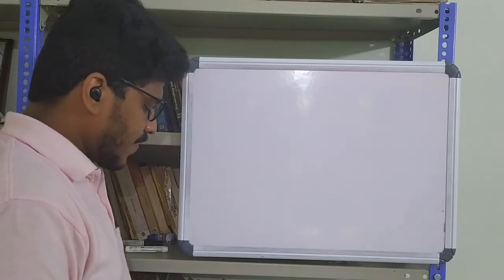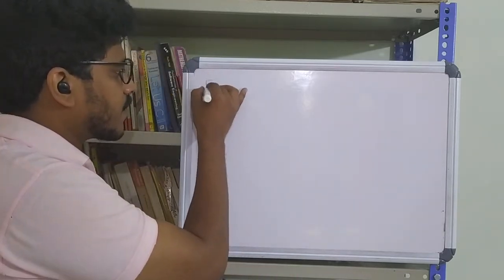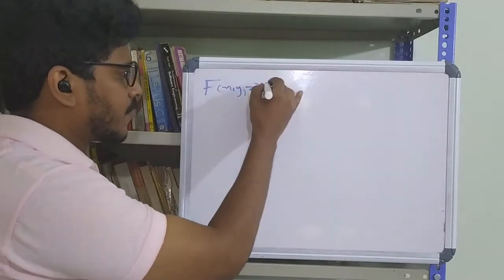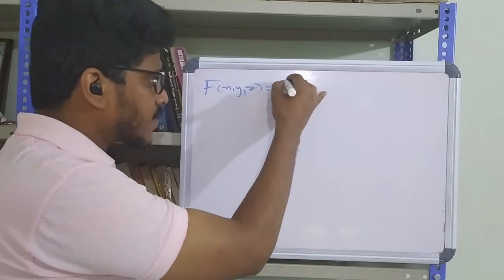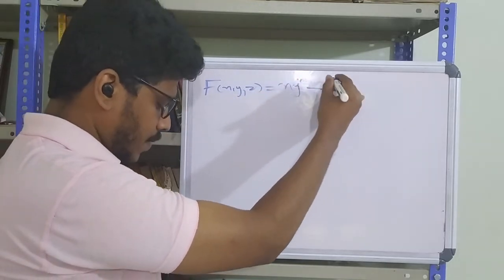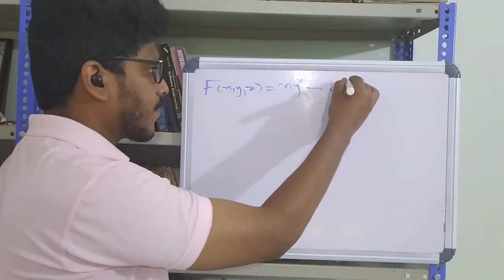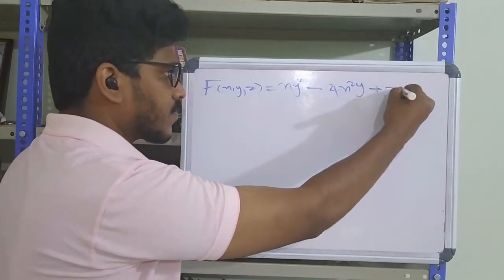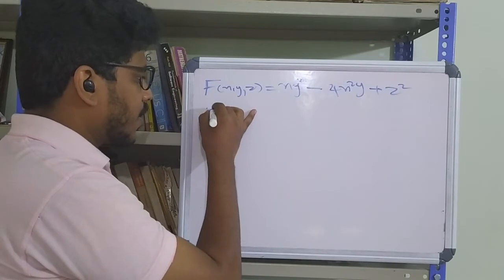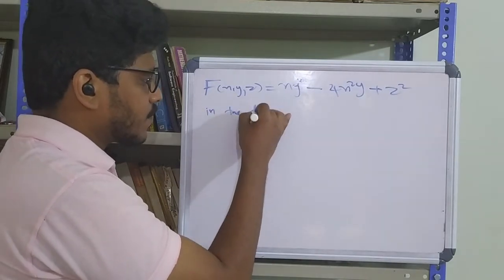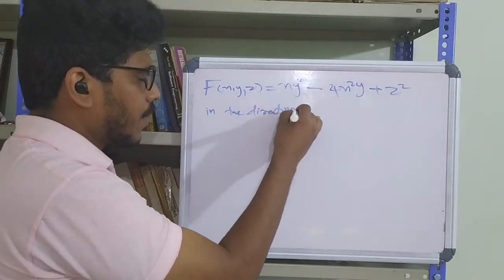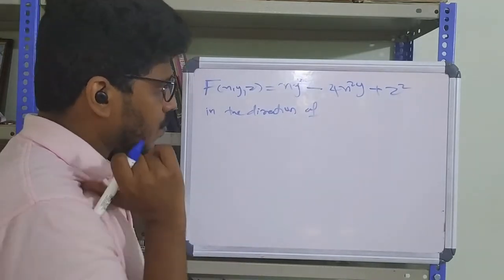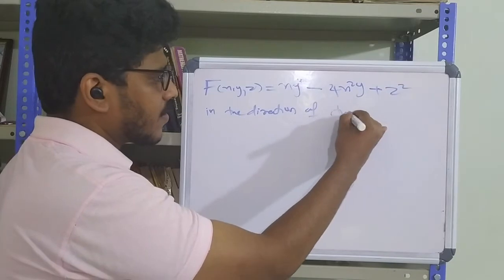So find the directional derivative of f of x, y, z equal to xy squared minus 4x squared y plus z squared in the direction of the vector.